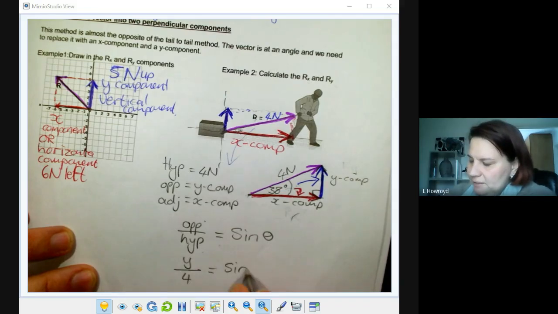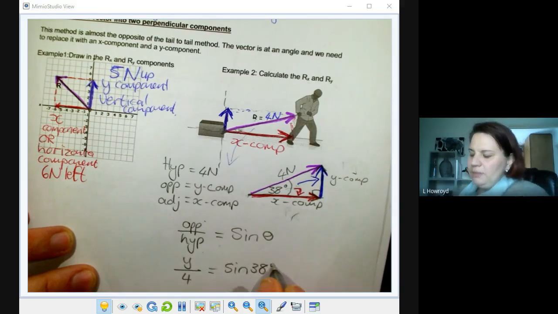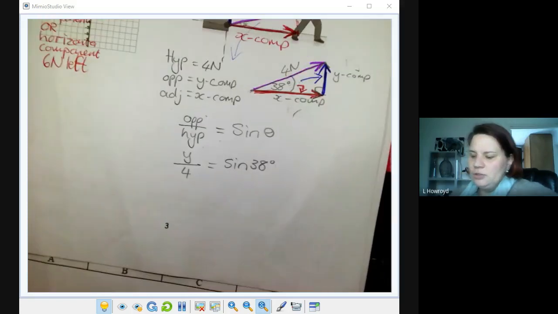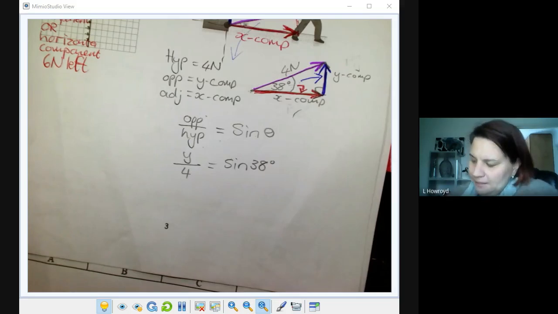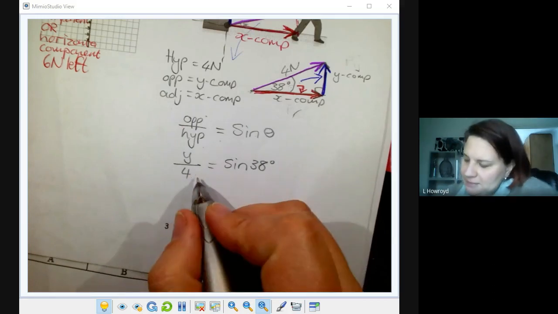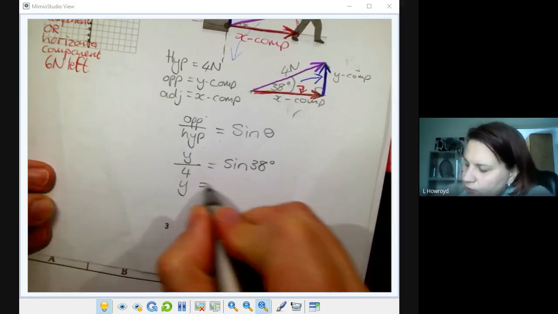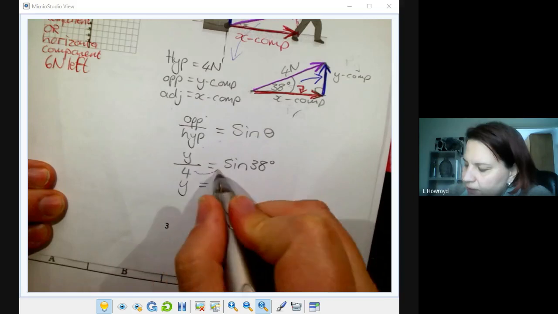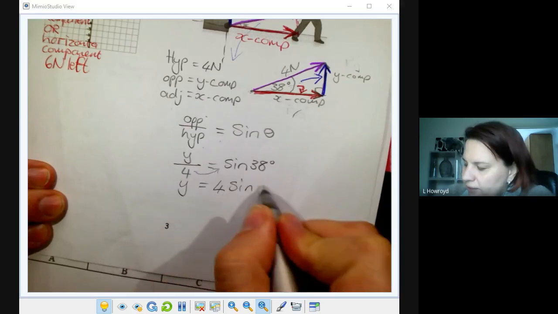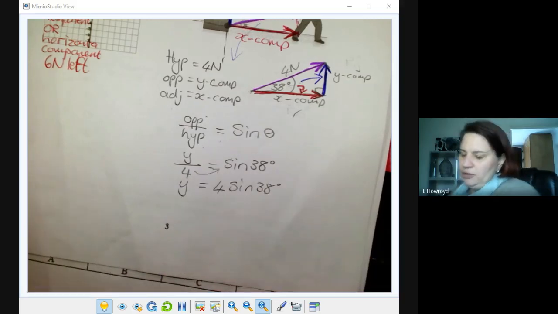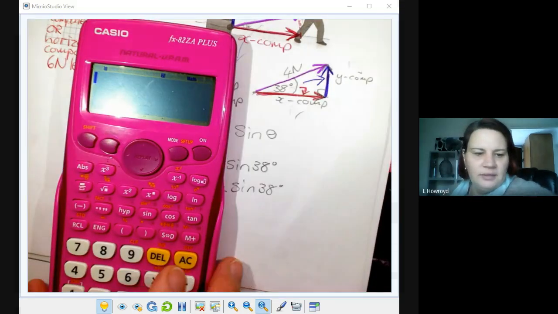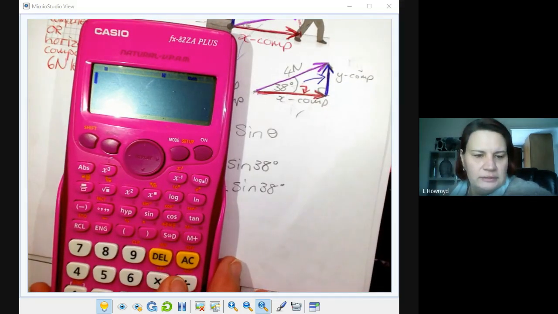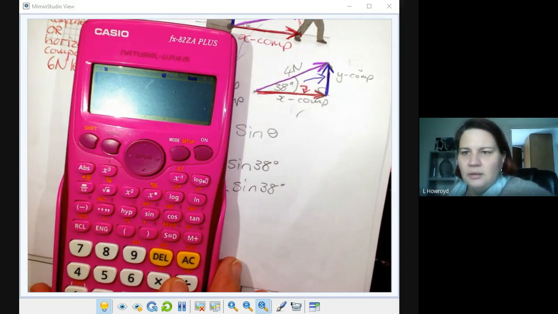We have sine, and the angle is 38. Please remember, we don't do shift here. The only time we shift is when we are trying to find the angle, but we've been given the angle. So this is really just maths now. So this works out to be 4 sine 38. Okay, so you can put it in exactly like that. I need to take this off now so I can see you guys again.